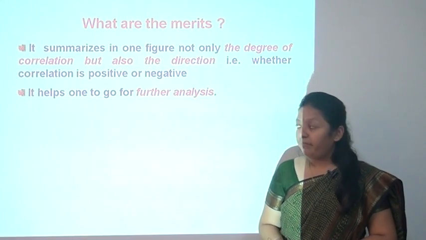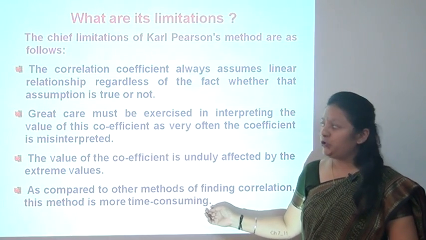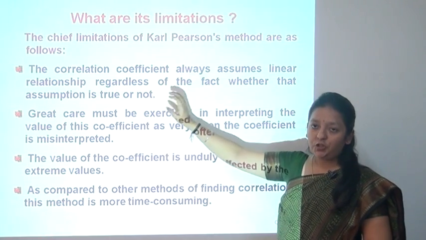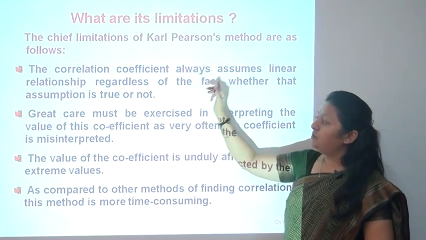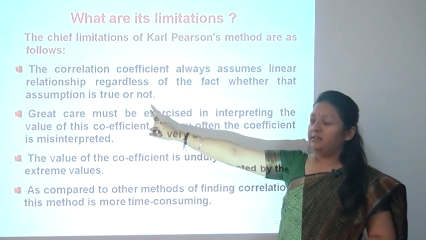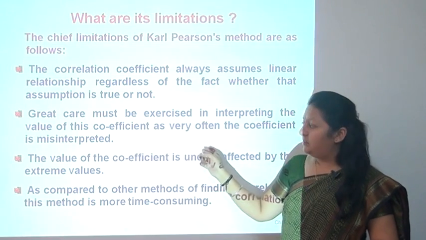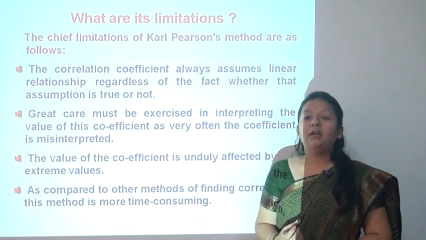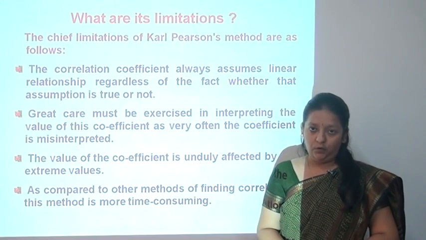Next, what are the limitations of the correlation coefficient? The chief limitations of Karl Pearson's coefficient of correlation are: it always assumes a linear relationship regardless of whether that assumption is true or not. Great care must be exercised when interpreting data using the coefficient of correlation.